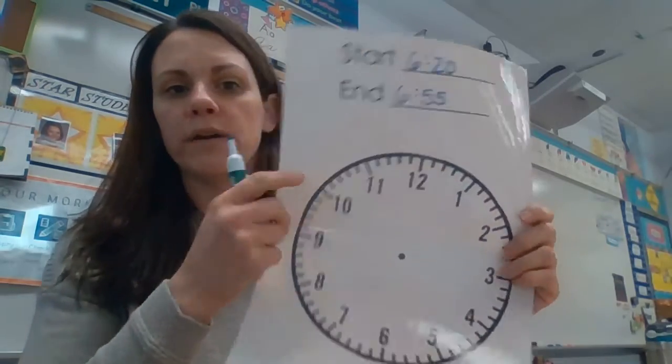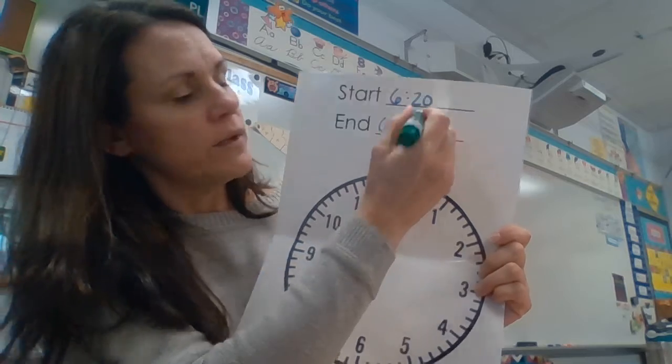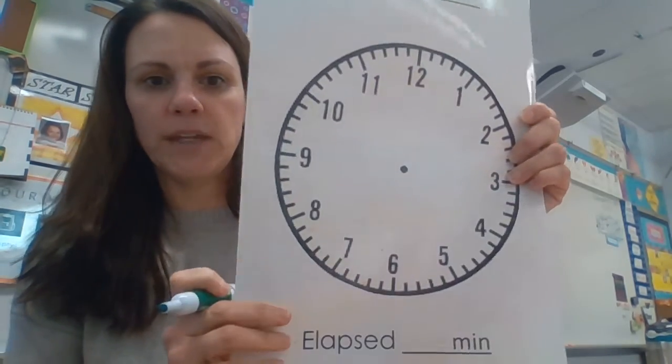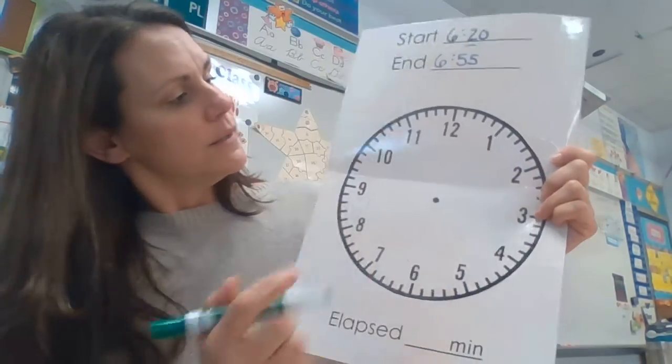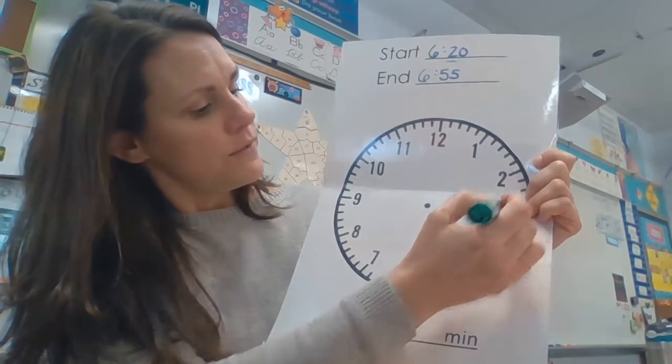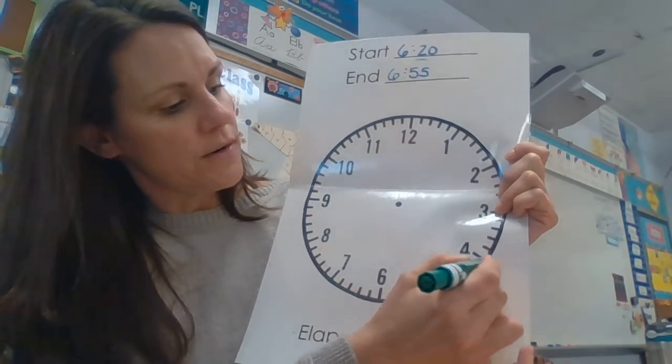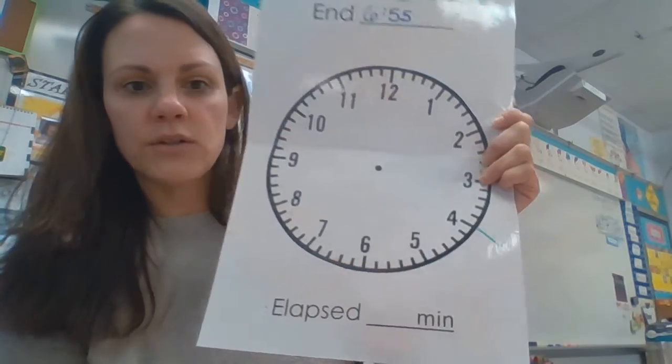So we have to mark on our clock where 6:20 would be. Okay, so if we're looking at our clock, remember 5, 10, 15, 20. So right here is our start time.